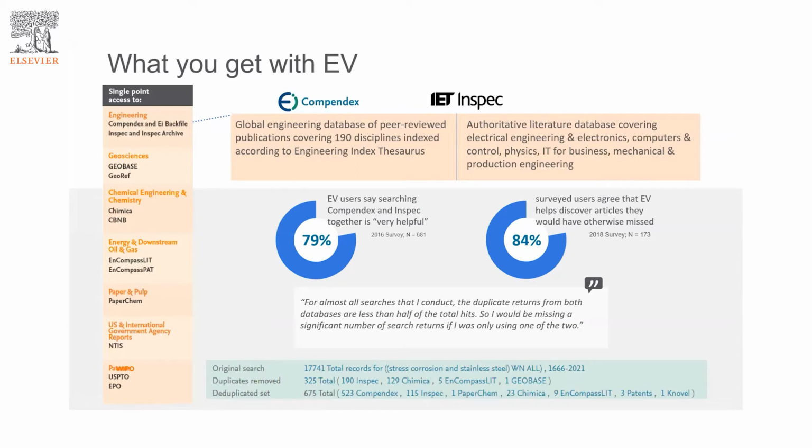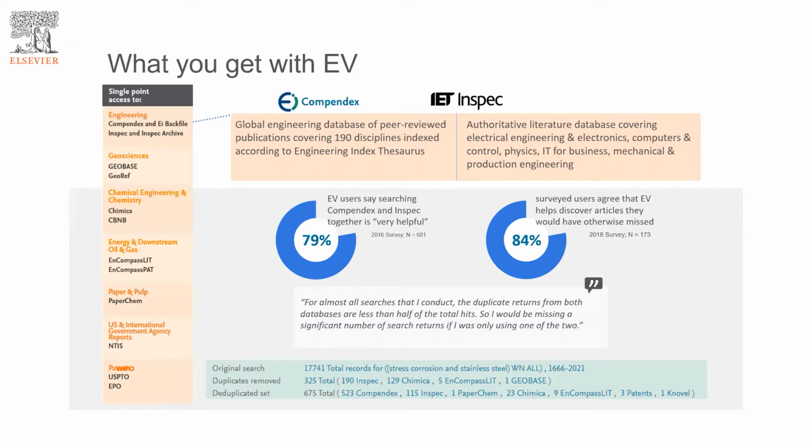Another good overview of what you get with EV: single point of access to engineering content through Compendex and Inspec, including the back files. So we have content all the way back to the 1800s. I forget the exact dates for Inspec and Compendex, but well into the 1800s in the back file. But we don't cover strictly engineering content. We have geosciences covered by GeoBase and GeoRef databases.